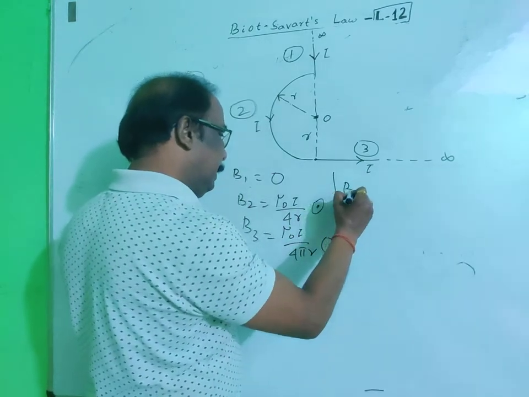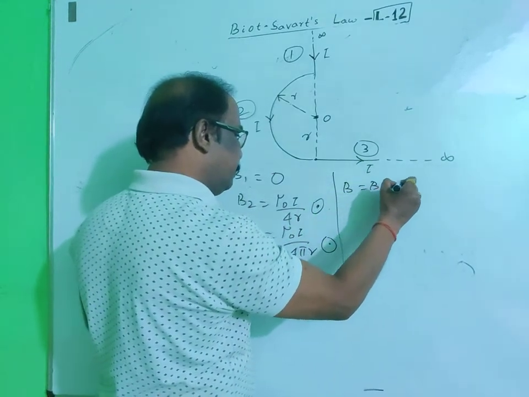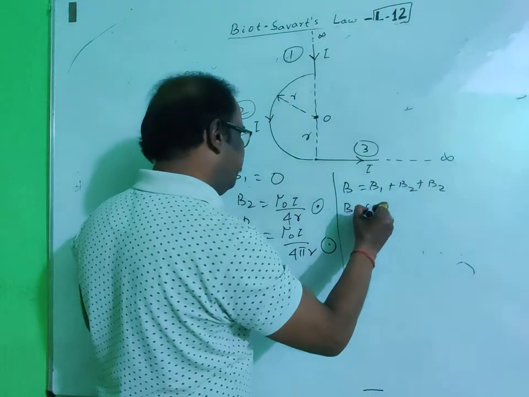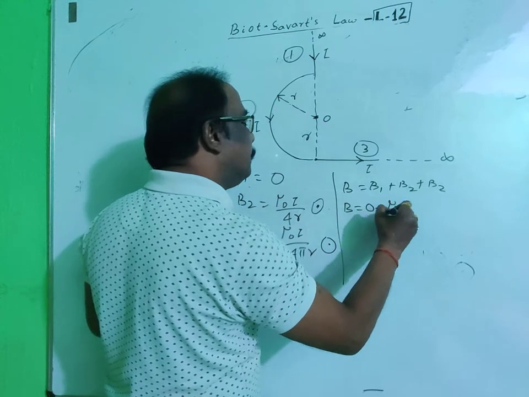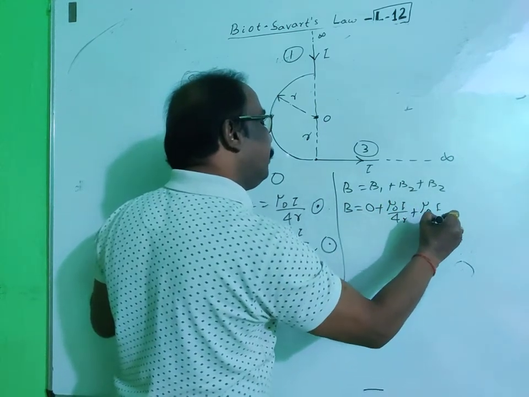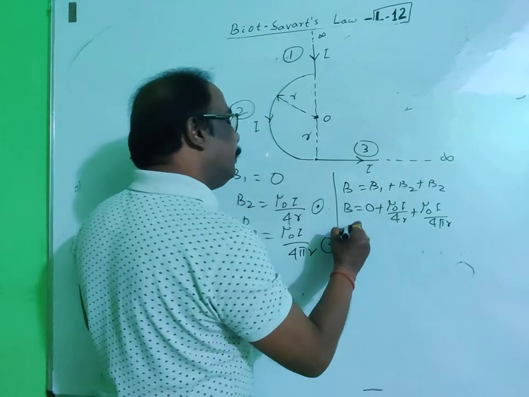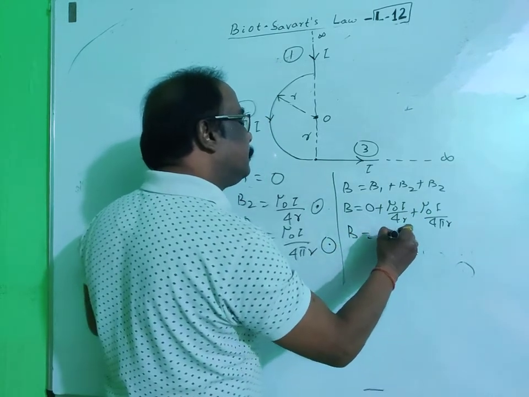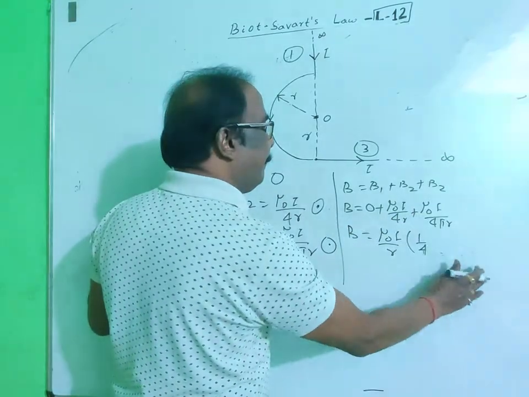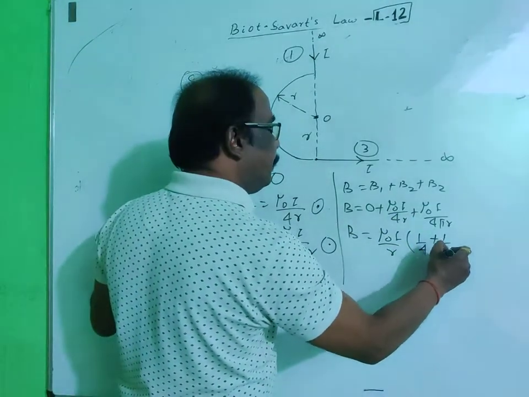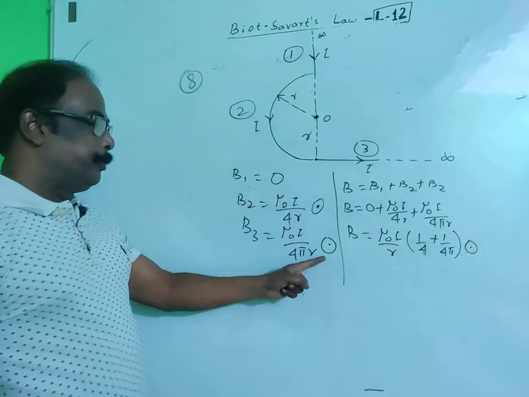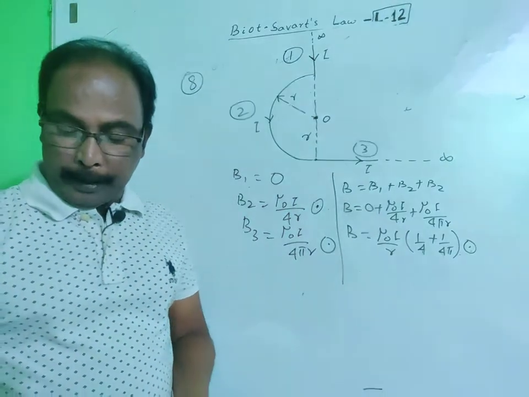Then the resulting magnetic field is B1 plus B2 plus B3, so 0 plus mu naught I by 4R plus mu naught I by 4 pi R. Then the resulting magnetic field is mu naught I by R into 1 by 4 plus 1 by 4 pi. You can add it, and the resulting direction is dot. Both are dot.